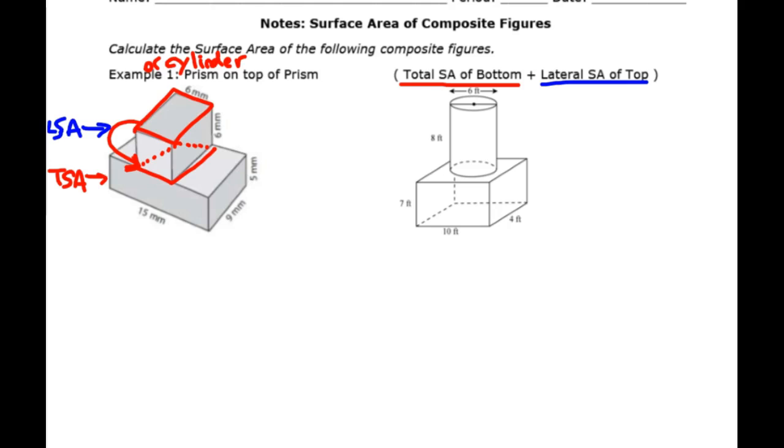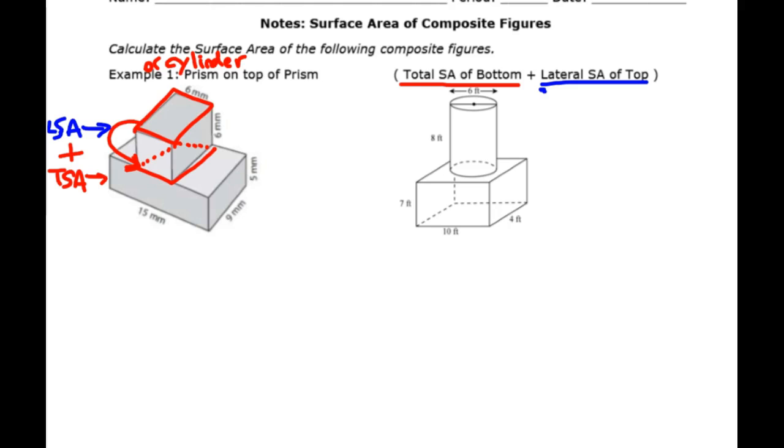And that's literally what I was talking about over here. Total of the bottom and the lateral of the top. I find those two surface areas, and then all I have to do is add them up. So that's kind of the idea. So can you find those two surface areas? And can you add them up?